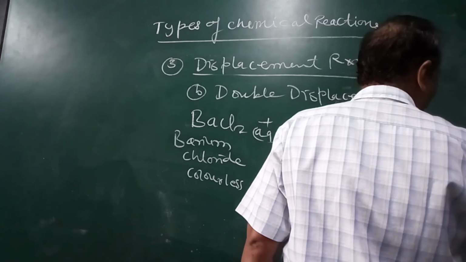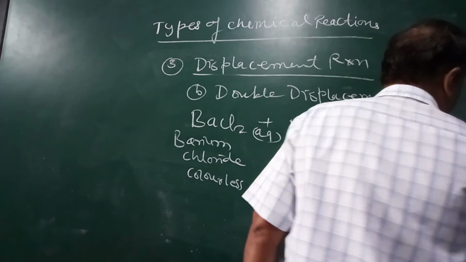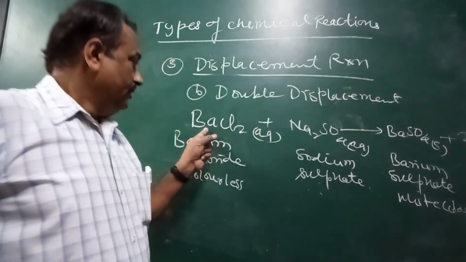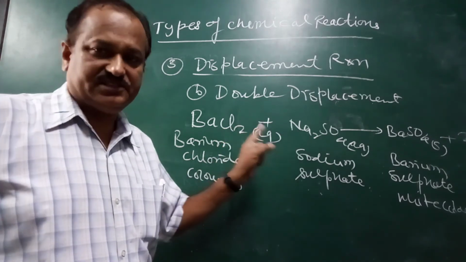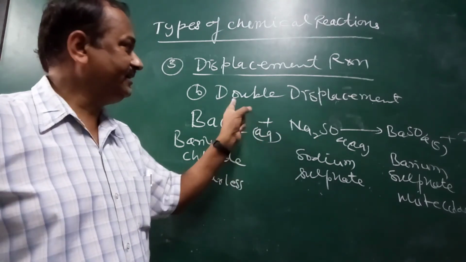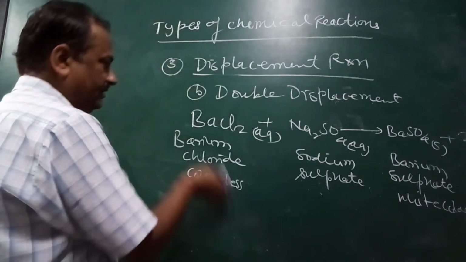It is colorless. So see here, barium has been displaced by sodium, so they have displaced each other, and that's why it is said to be double displacement.